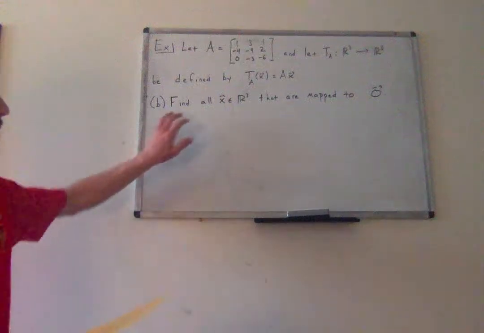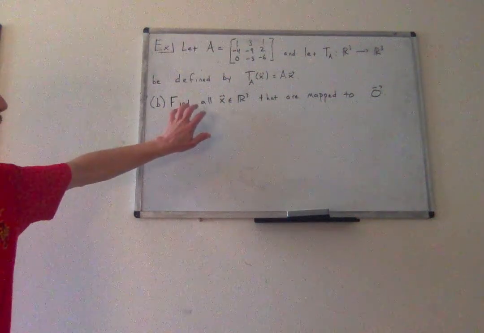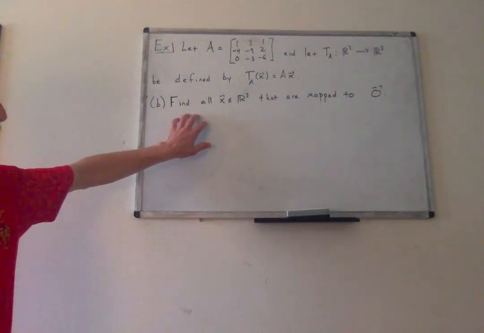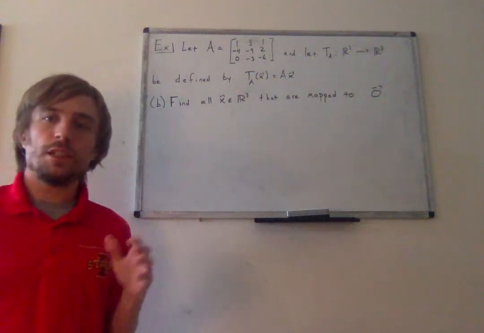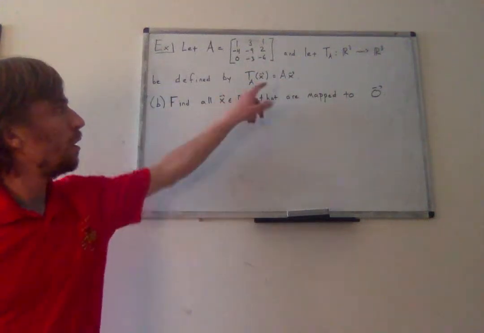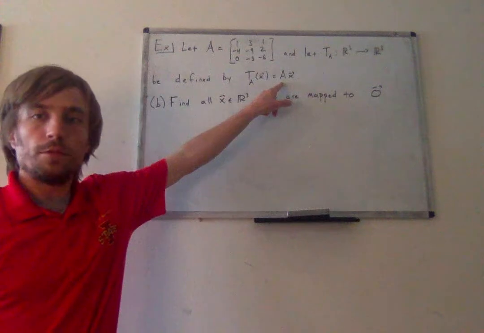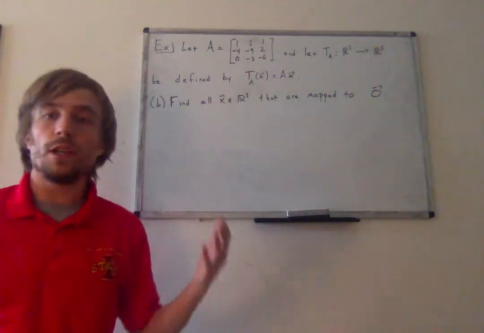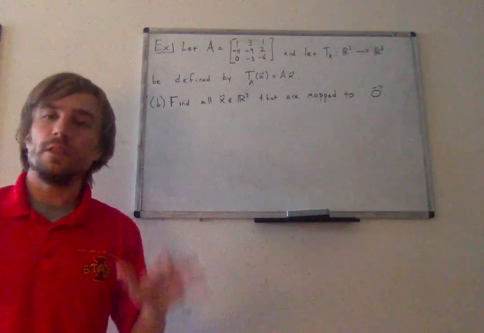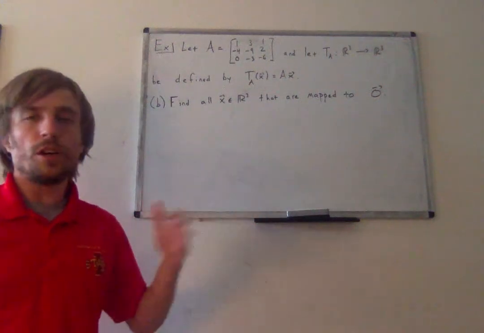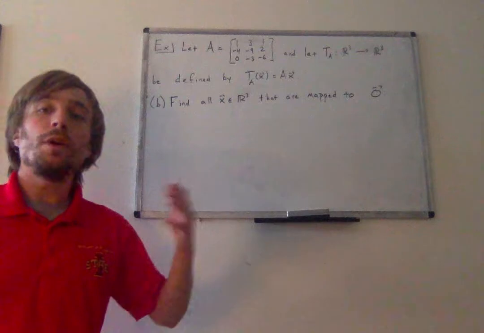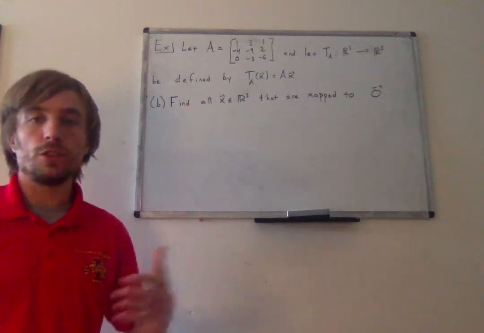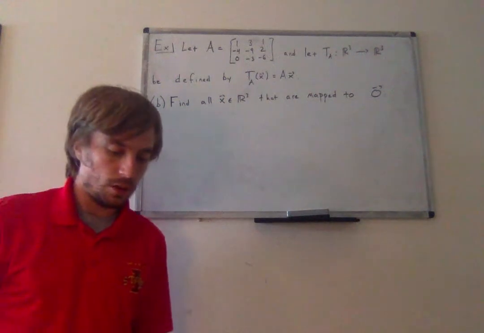And so again, this type of question will ask us to sort of recall our knowledge of matrix vector multiplication, matrix equations, because remember, anytime we're talking about a linear transformation, at least at the moment, we're actually just talking about matrix multiplication, but in the context of mapping vectors of one space to another space.